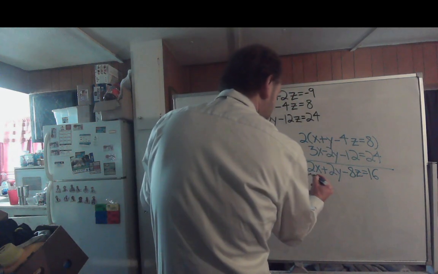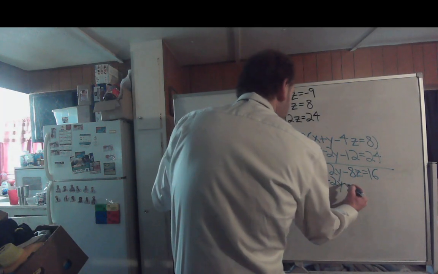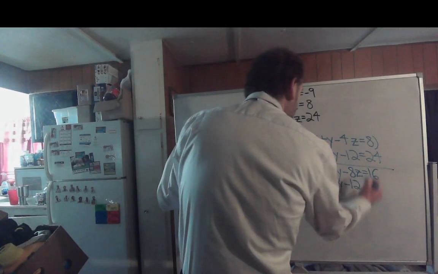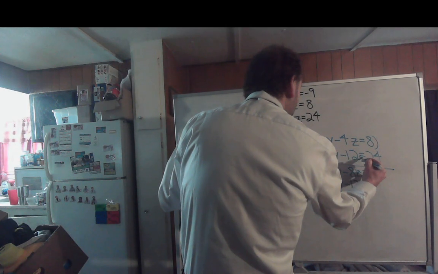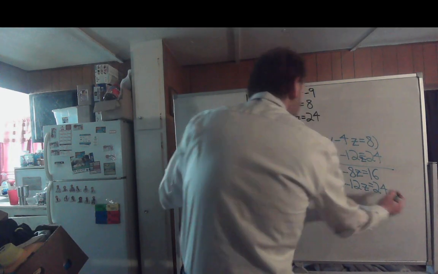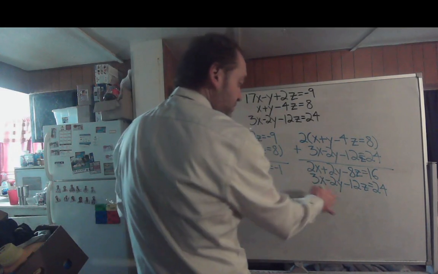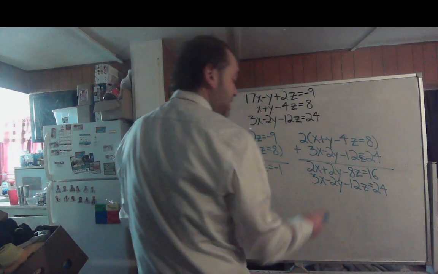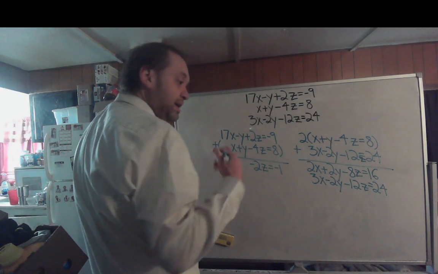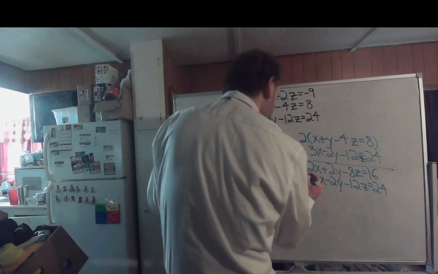And then, of course, I'll add the second equation, 3x minus 2y minus 12z equals 24. Now that I've multiplied the second equation by 2 and I'm adding the third equation to it, notice I can eliminate the y variable yet again. With both of these equations, you want to eliminate the same variable.